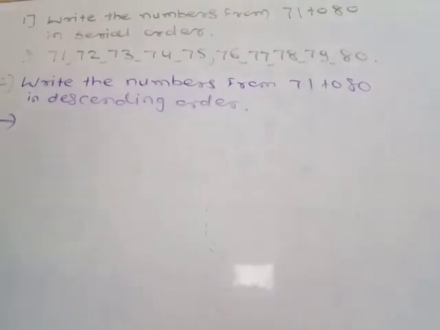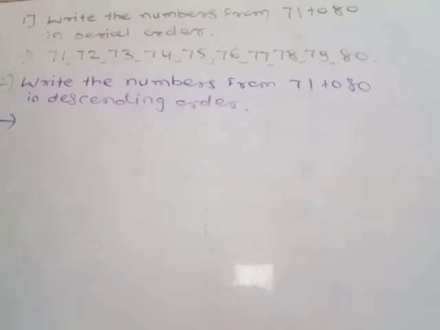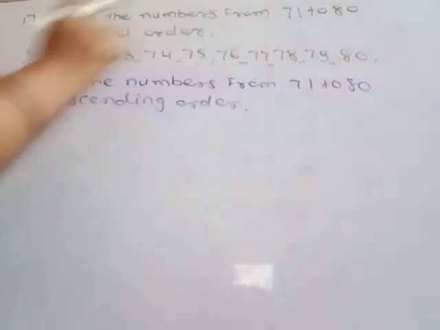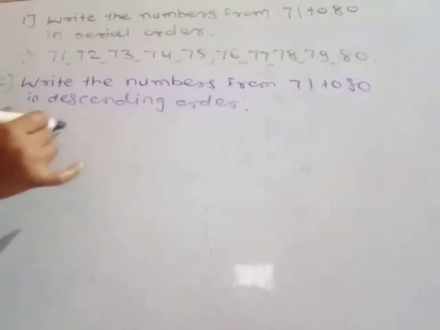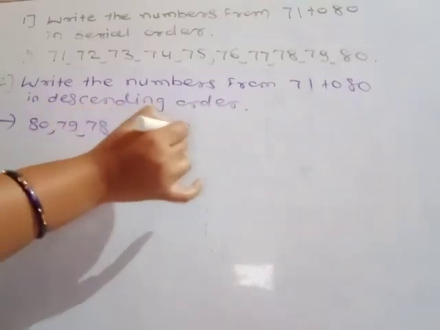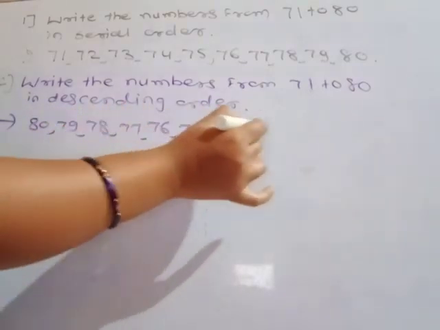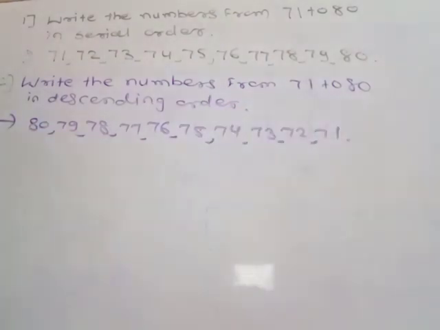Descending order means the numbers from biggest to smallest one. Then this 71 to 80 is serial order. Then you reverse these numbers and write them in descending order, starting from 80, 79, 78, 77, 76, 75, 74, 73, 72 and 71.